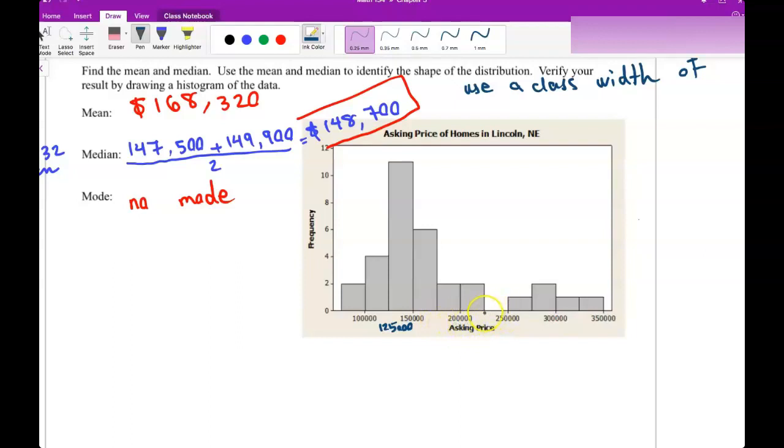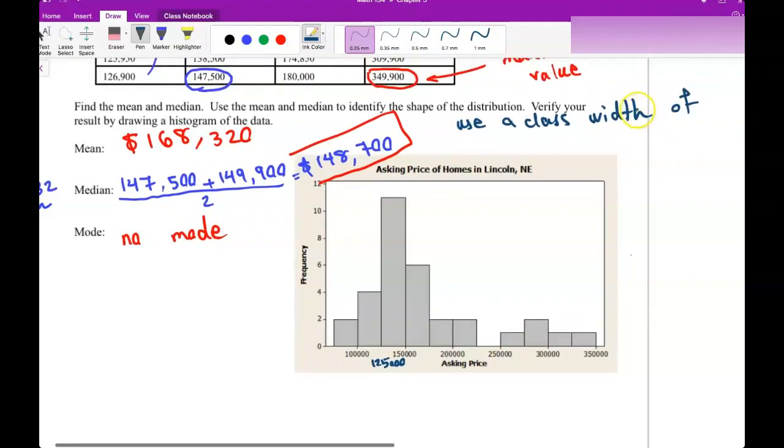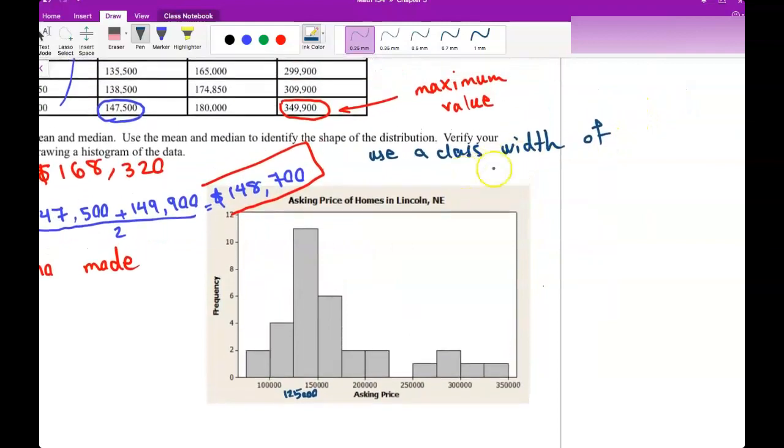This is 225,000. That's why our class width is 25,000. So class width of 25,000 with a lower class limit of 75,000.